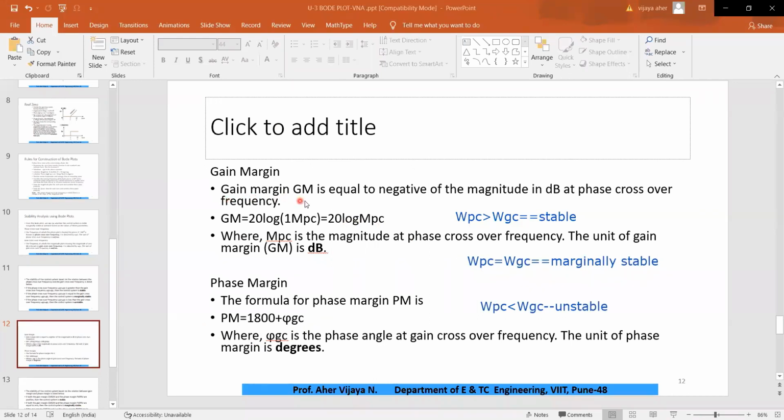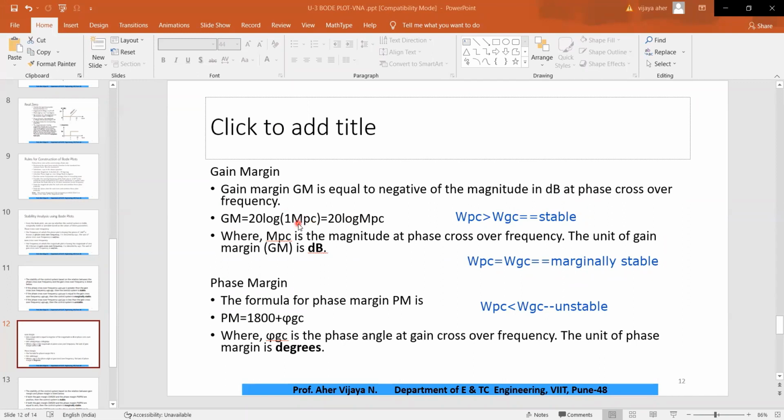So gain margin is denoted by the letters GM, which is equal to the negative of the magnitude in dB at phase crossover frequency. So GM, gain margin, is equal to 20 log of 1 over, what is this, the magnitude in dB at phase crossover frequency.